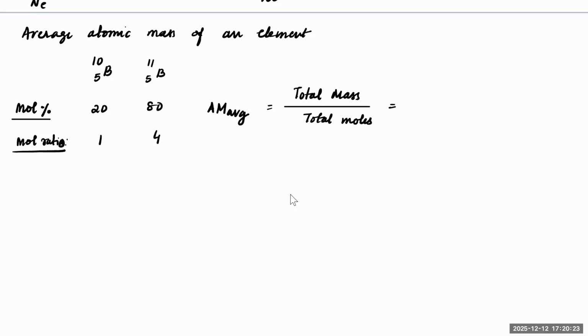Okay. So total mass is one boron of 10 plus 4 borons of 11, divided by 1 plus 4, correct? So either percentage is given or mole ratio is given, both of them are one and the same.